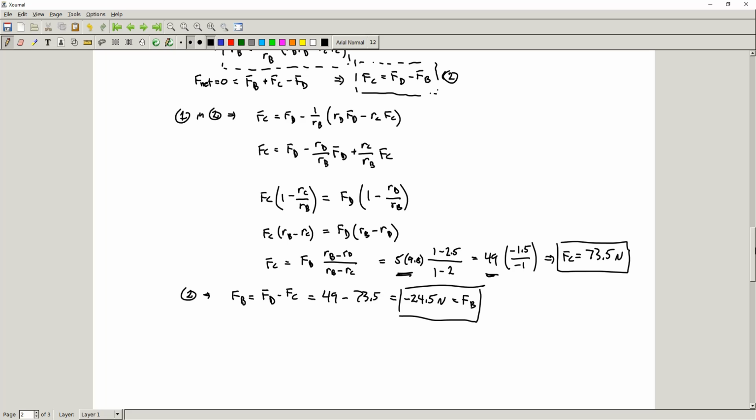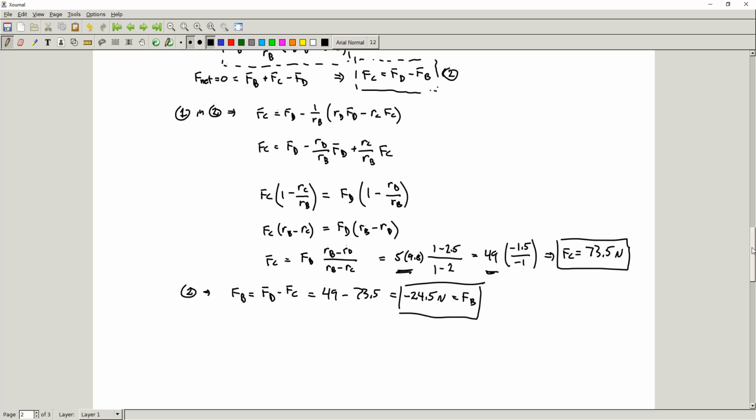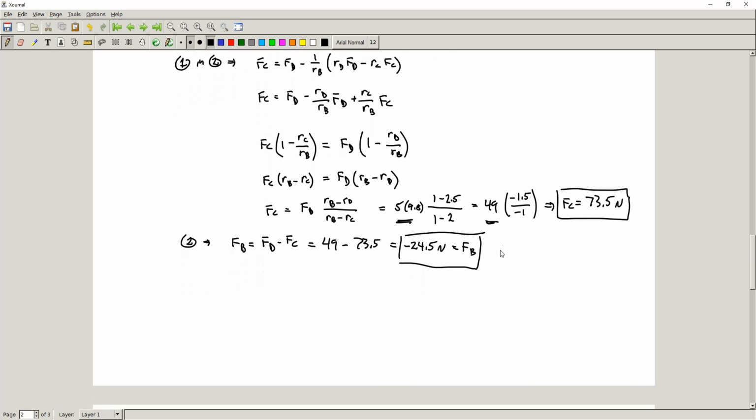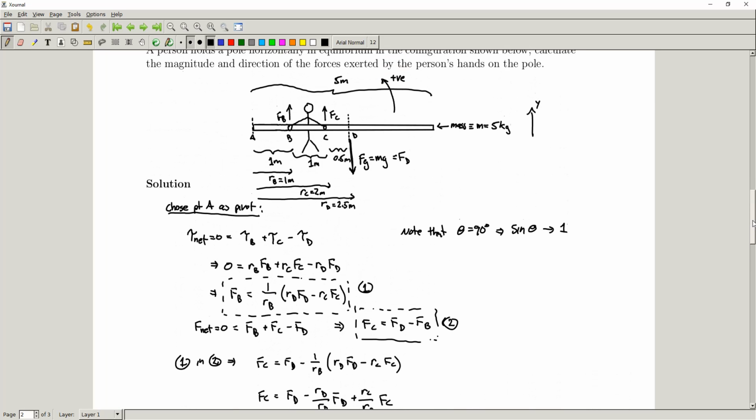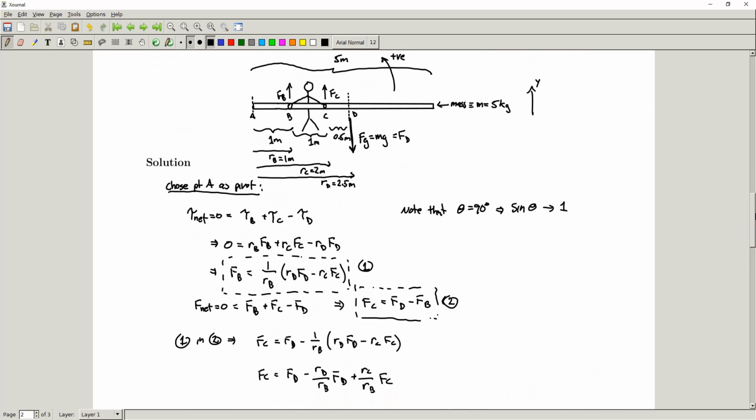And so that's great. We've basically solved for the two variables that we are looking for, FB and FC. Okay, and so maybe I'll make a note here. Negative means down in this case.